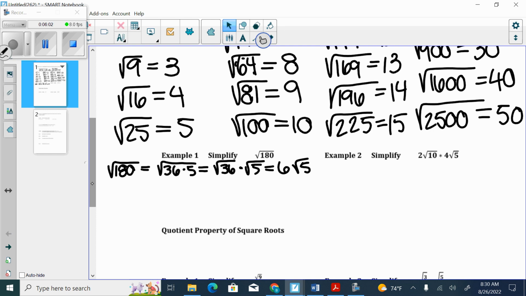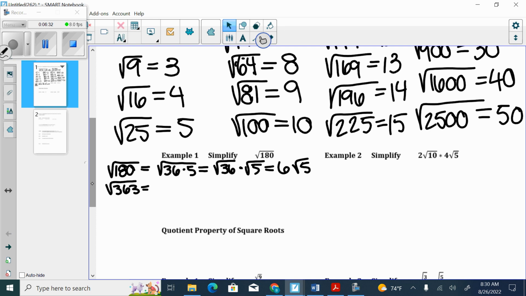Okay? All right, in this same little space here, let's try another one. Let's look at the square root of 363. So I am trying to think of a number that will multiply to give me 363 that will have a square root, the biggest one we can come up with. 11 and 33.